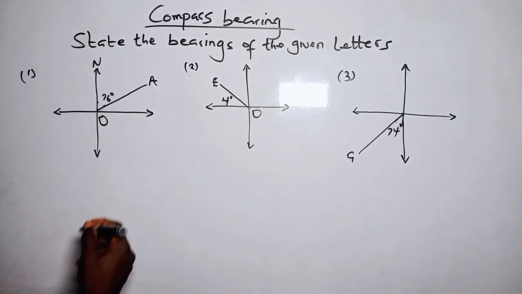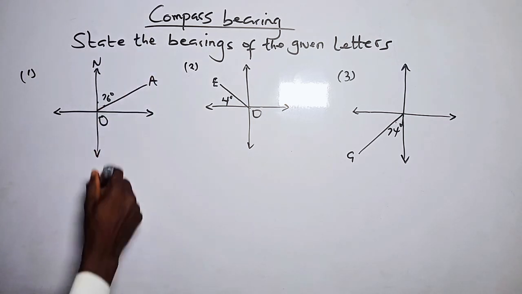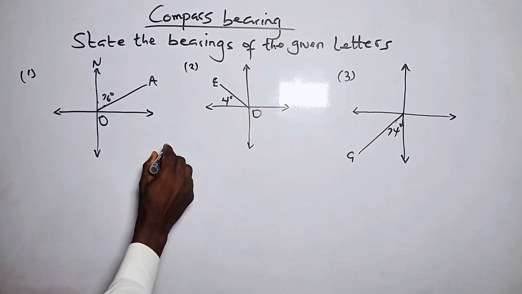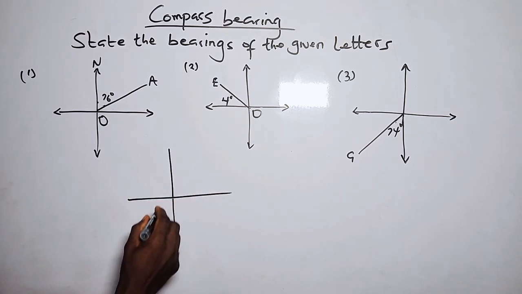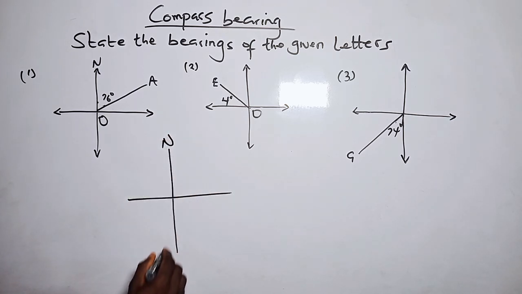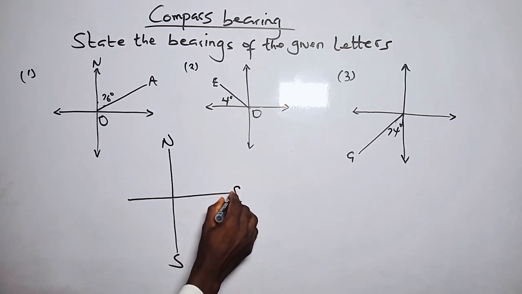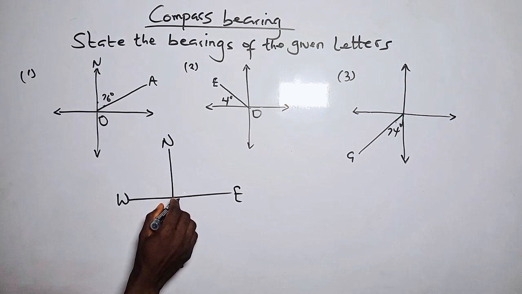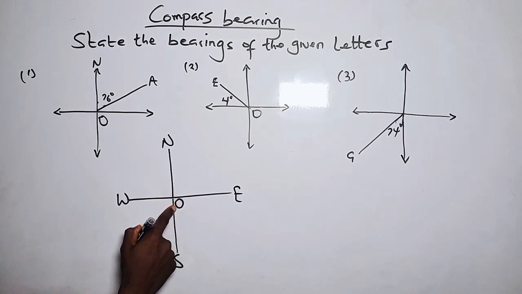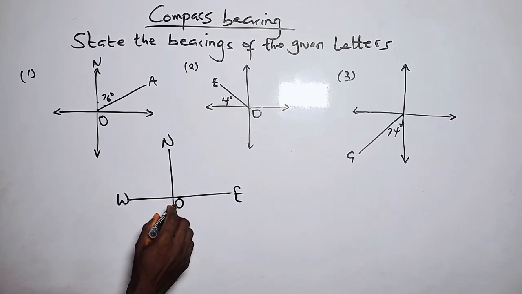From our previous class, compass bearing involves the use of the four cardinal points, which are the north, the south, the east, and the west. For O to be the origin, each angle measures 90 degrees for the different quadrants.